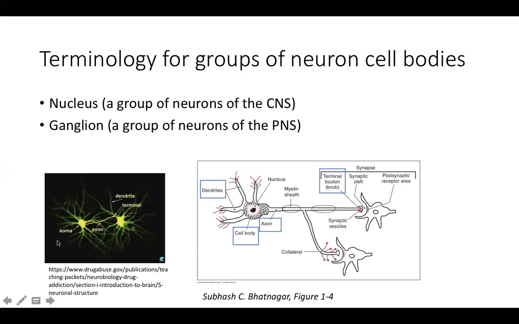And here I'm showing you this image that contains real neurons from the thalamus, which is an area of the brain we'll talk a little bit more about later, that have been filled with a fluorescent dye and viewed through a microscope.